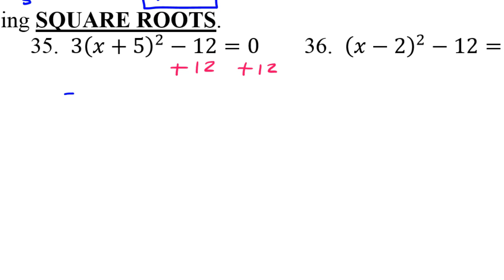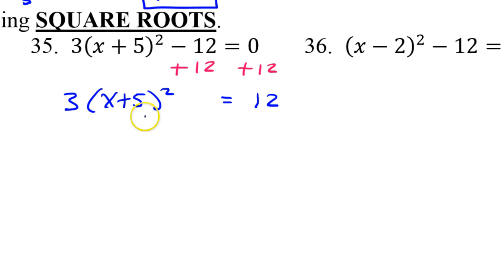So that's going to give us 3 times x plus 5 squared is equal to 12. Whatever you do, don't distribute. You can't distribute when the parentheses are being squared. It comes down to order of operations. Exponents come before multiplication, so you can't multiply when there's an exponent.